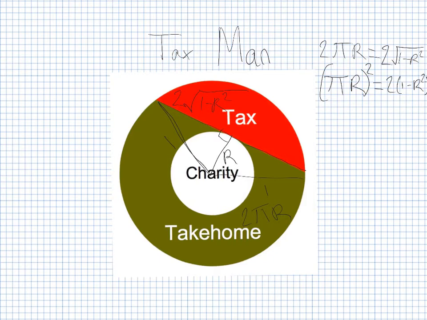Oops, you divided by 2 on one side but not the other. So just 2 times 1 minus r squared.